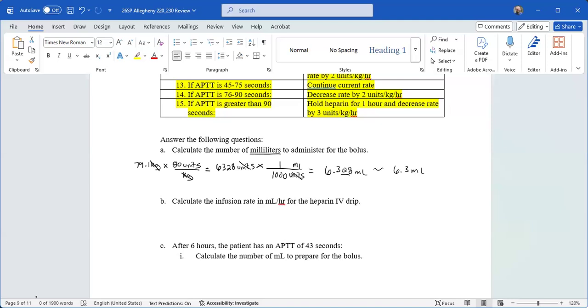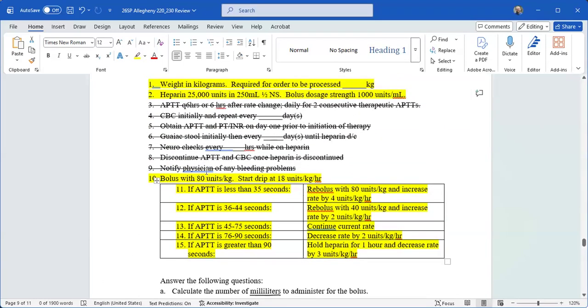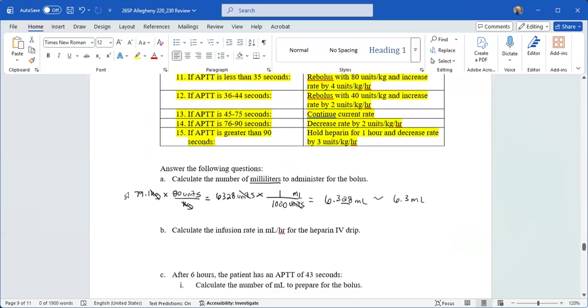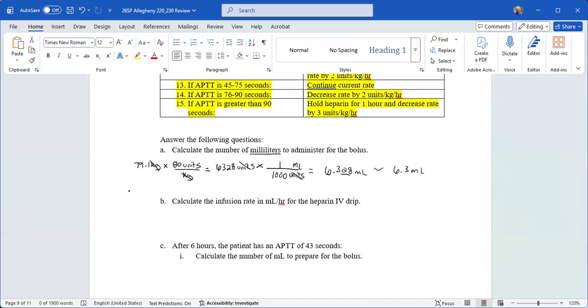All right. For the infusion rate. So remember it told us, and if you need to see it again, it told us that we're going to start an infusion or drip at 18 units per kilogram per hour. So that kilogram tells me that I need to account for the patient's weight again. So I'm going to start off with my 79.1 kilograms, and I'm going to multiply by the 18 units per kilogram hour.